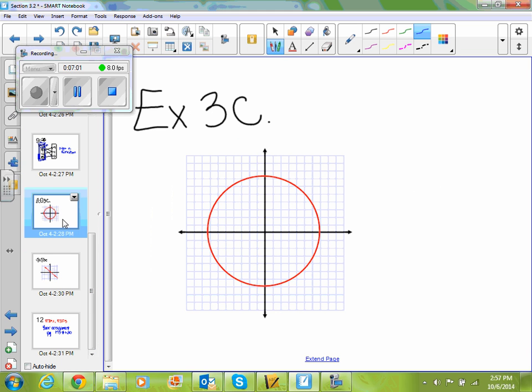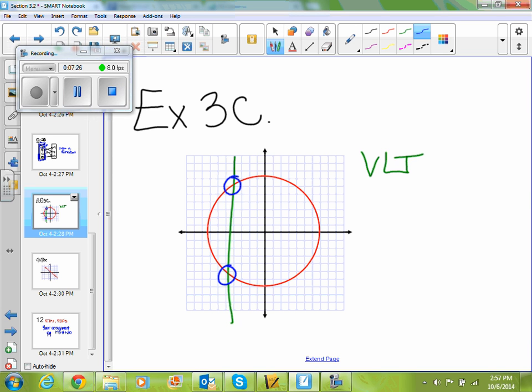The other way to tell if something is a function is by doing the vertical line test, which is what you guys are going to quiz on Wednesday, okay? So you're quizzing on Wednesday on the vertical line test. And for the vertical line test, all we do is we pick any point on our circle, and we draw a vertical line, any point on our graph. Okay? And then we count the number of times that it crosses.